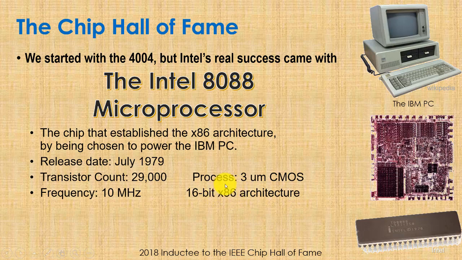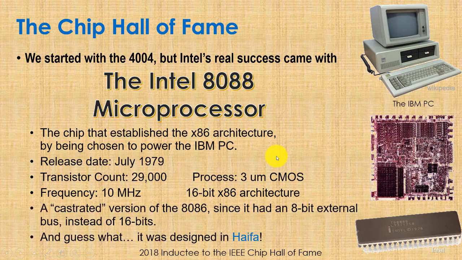So first of all, this x86 architecture may look familiar to some of you because it's the architecture that is still used today in Intel and AMD machines, and it's one of the 2 leading architectures in the world, along with the ARM architecture. And it became famous because of this IBM PC and because of this 8088 microprocessor.